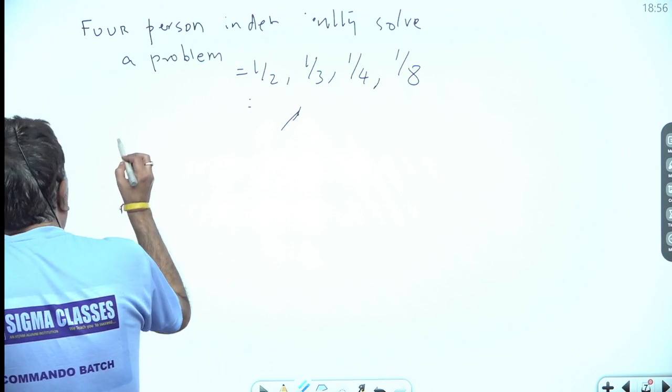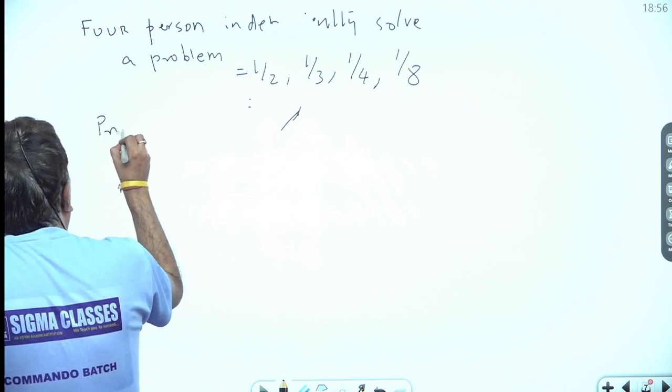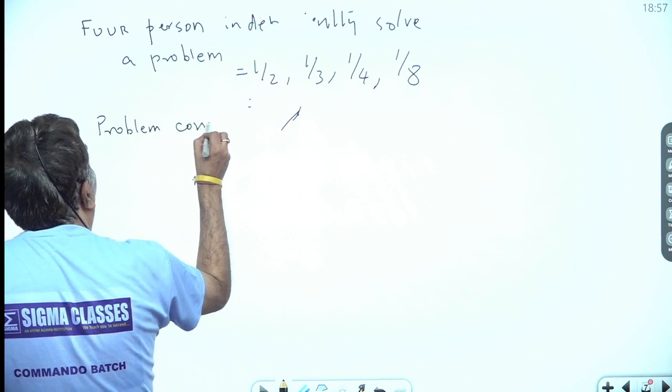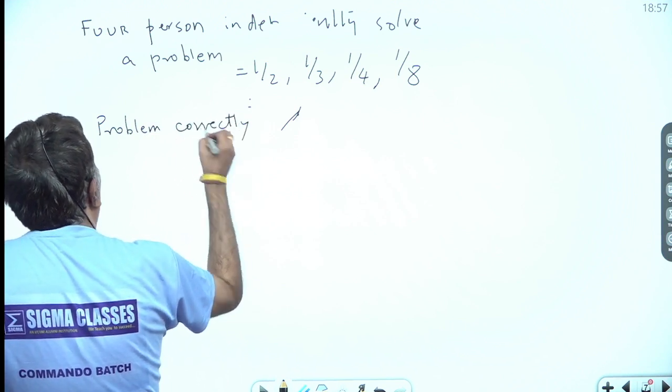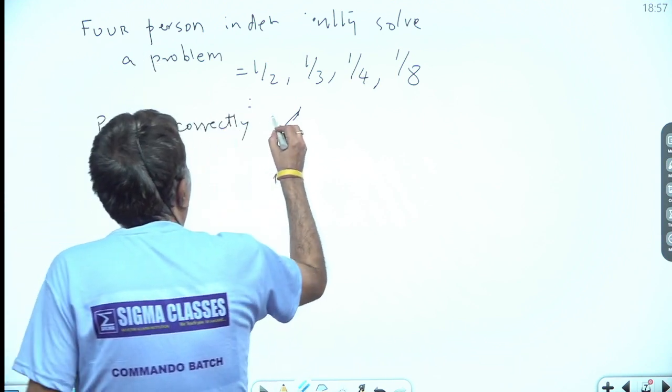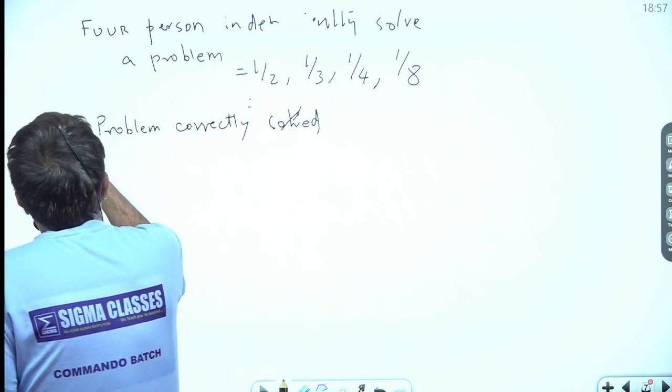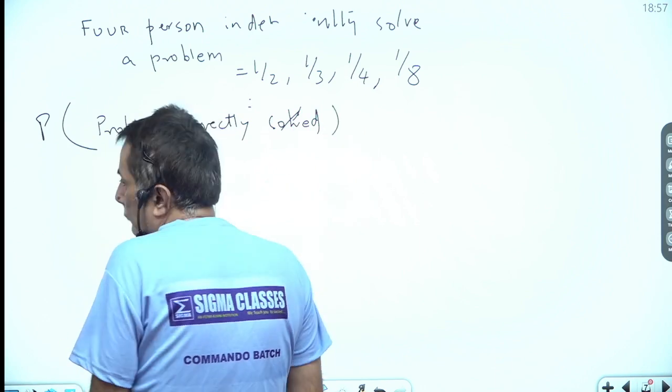All of them attempt a problem, it is correctly solved. What is the probability you have to calculate?